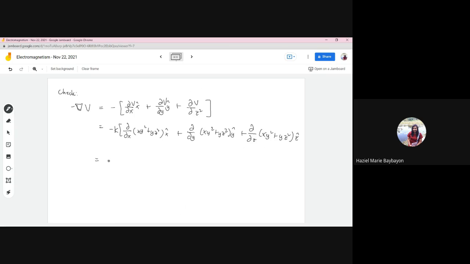Okay, so we have minus k, and then inside we have here the derivative with respect to x. So this is y squared x hat, plus the y component, differentiated with respect to y. So this is 2xy plus z squared y hat.